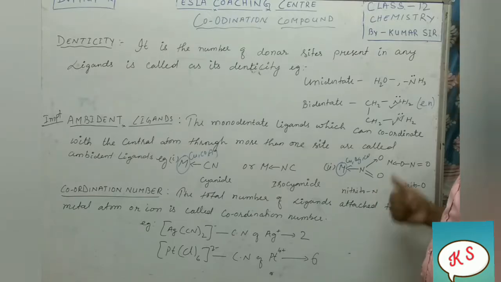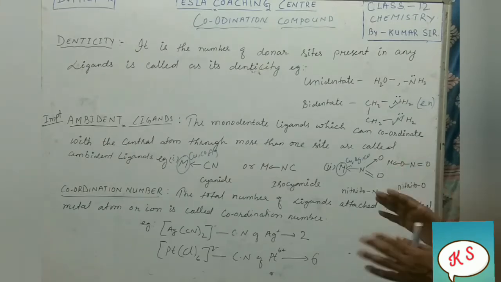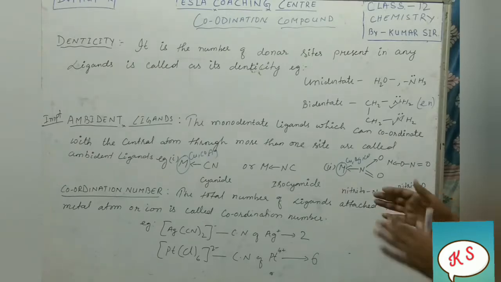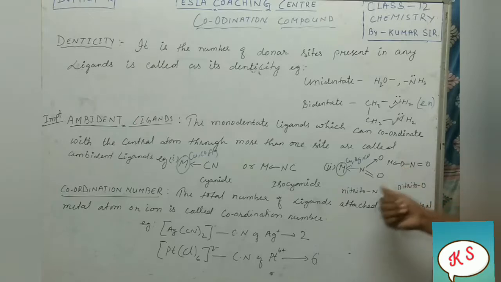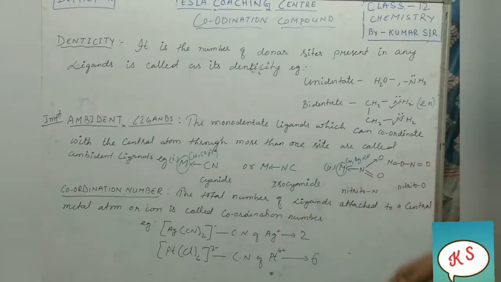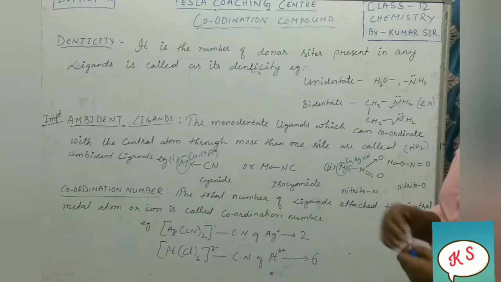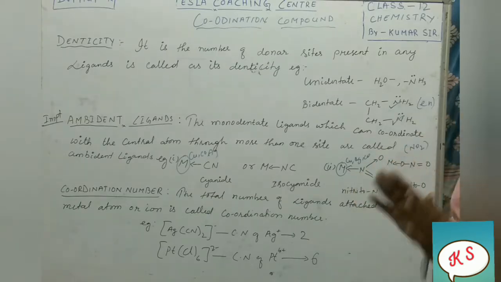In the second case, coordination is done through oxygen. So the name is nitrito-O, where O represents that the coordinate bond is formed through oxygen, and N represents that the coordinate bond is formed through N. So in general NO2 is capable of forming a coordinate bond through N as well as through O, but not at the same time.